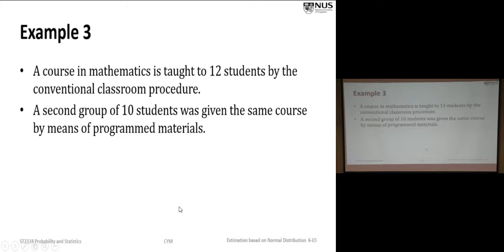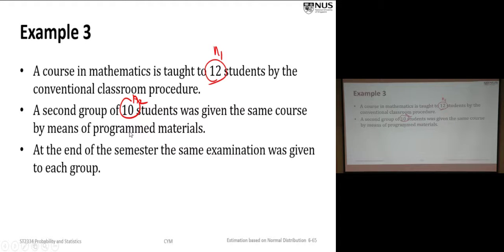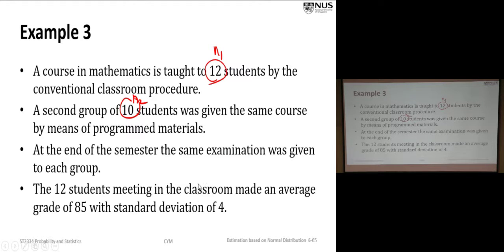So here is an example. I have two groups of students using different teaching methods, 12 students and 10 students respectively. So these are the sample sizes, N1 and N2. At the end of the semester, we ask the students to take the same exam.